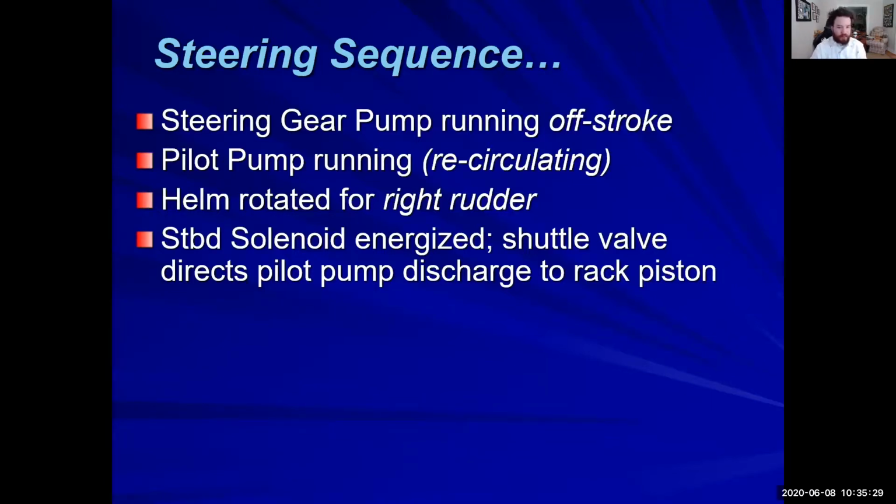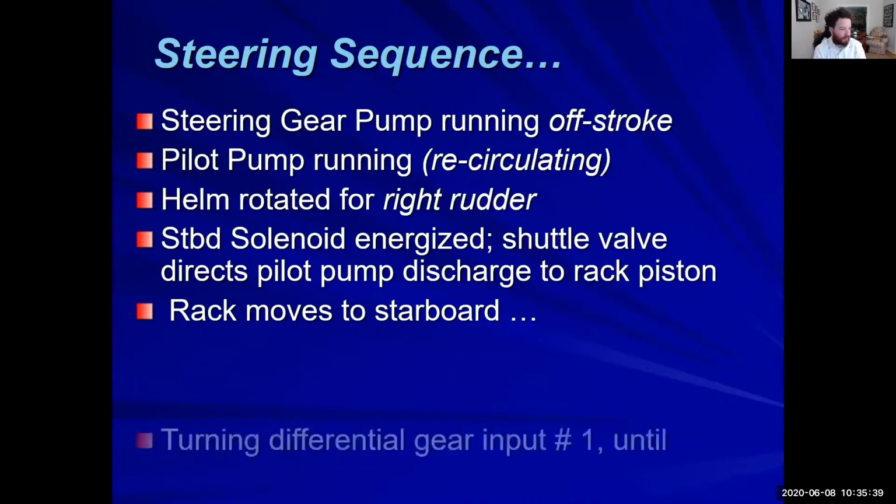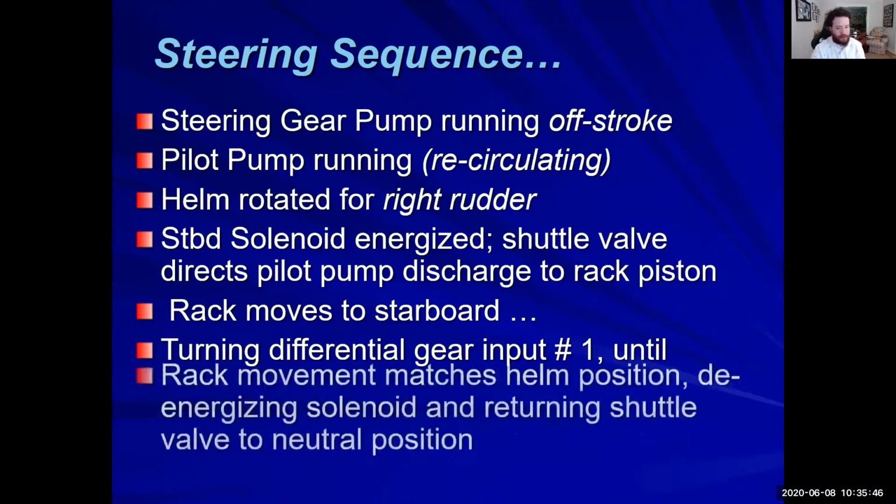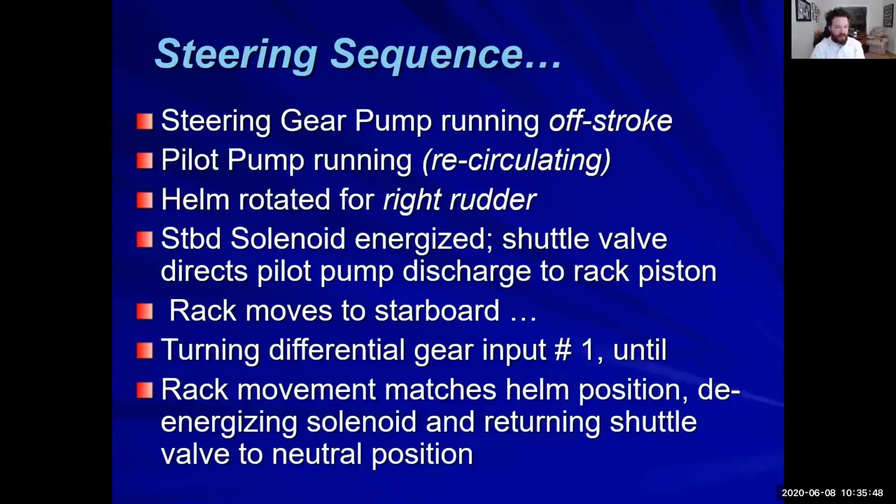At this point, this is the first time we're going to have movement in our steering gear system. The rack moves to starboard, turning the differential gear of input number one. It's going to move until the rack movement matches the helm position.